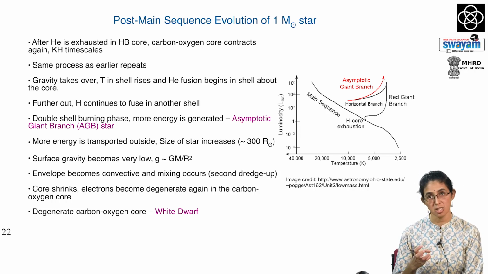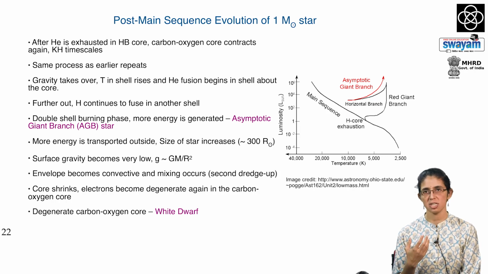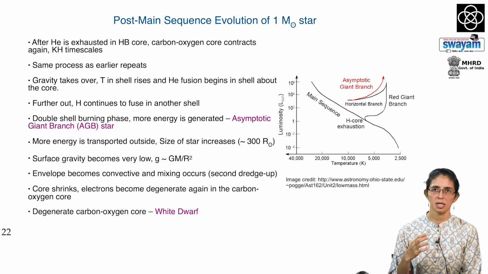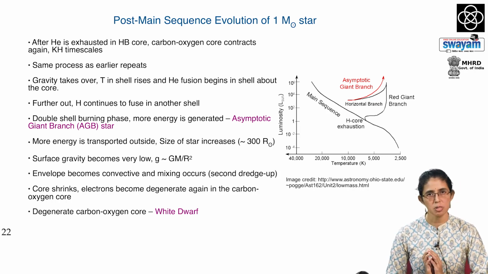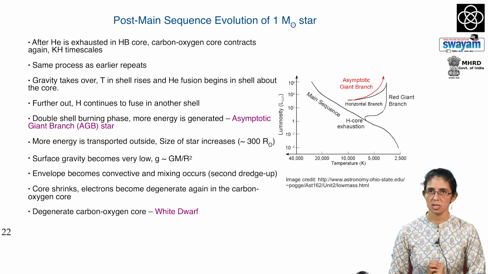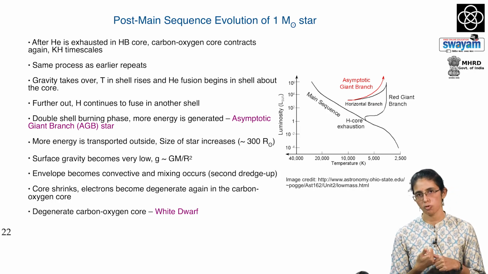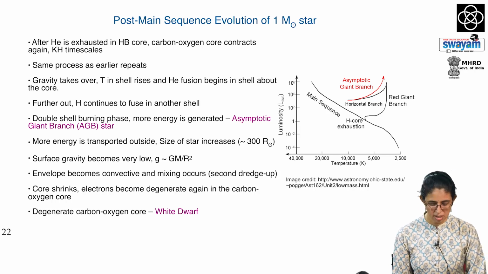At some stage the densities become so high that it becomes degenerate again, that is electron degeneracy pressure dominates, and this electron degeneracy pressure is now responsible for the size of the star, in the sense that in these kind of stars the carbon oxygen core, the degeneracy pressure balances the force of gravity. So, the hydrostatic equilibrium is maintained because of the degeneracy pressure.